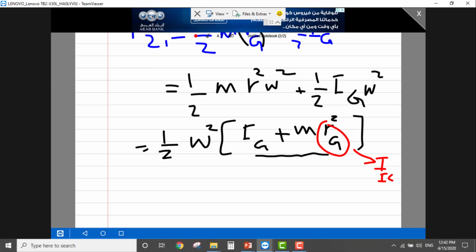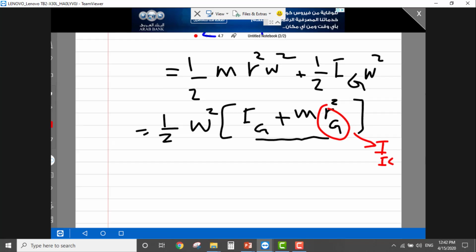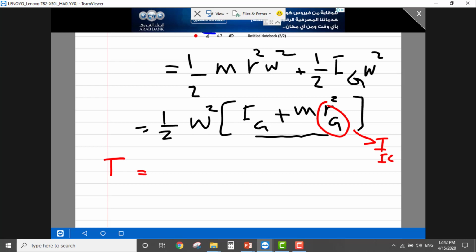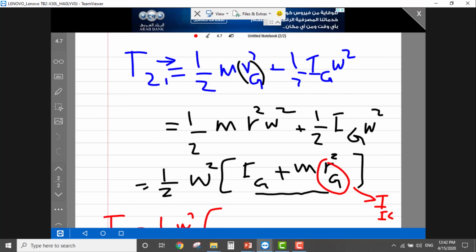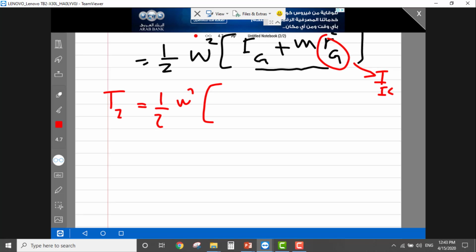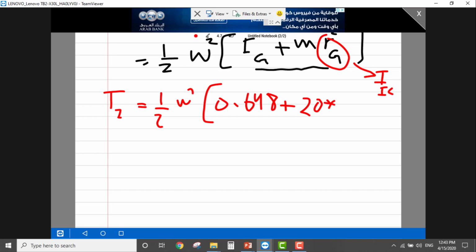Everything here is known except omega. So T2 equals half omega squared times Ig, which we calculated at the beginning, 0.648, plus the mass of the wheel, which is 20, multiplied by the distance between the centroid and the IC, which is the same as the radius, 0.24 squared.